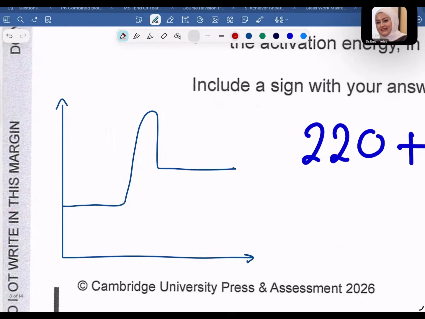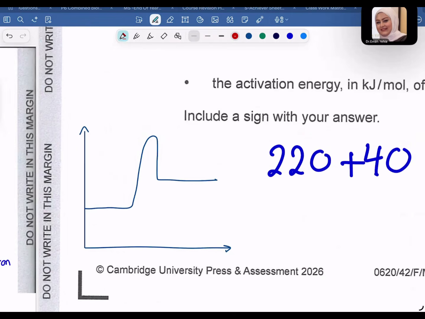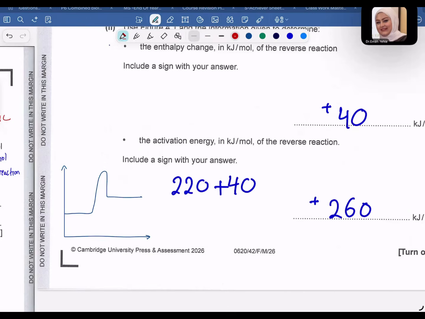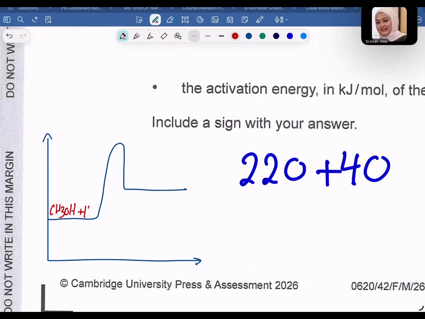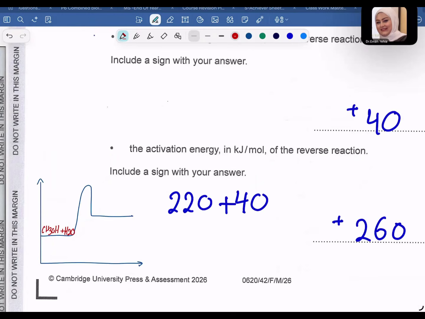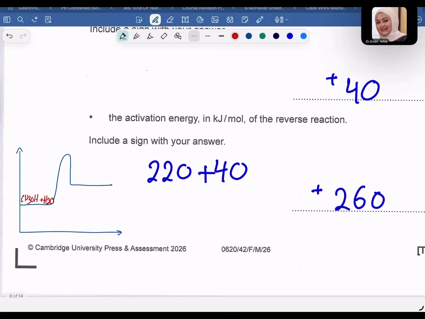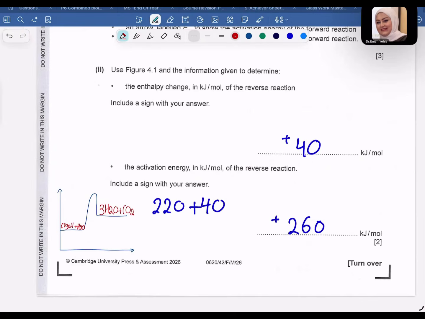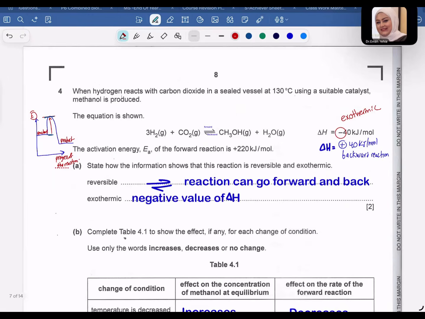So the product is methanol and water, CH3OH plus H2O, and here is the carbon. The equation is 3 water plus carbon dioxide. Of course this is copied from the reaction already, so it's H2. Sorry, H2, not water.